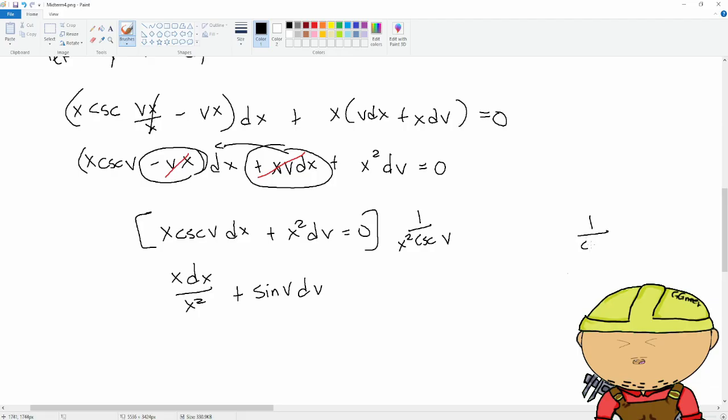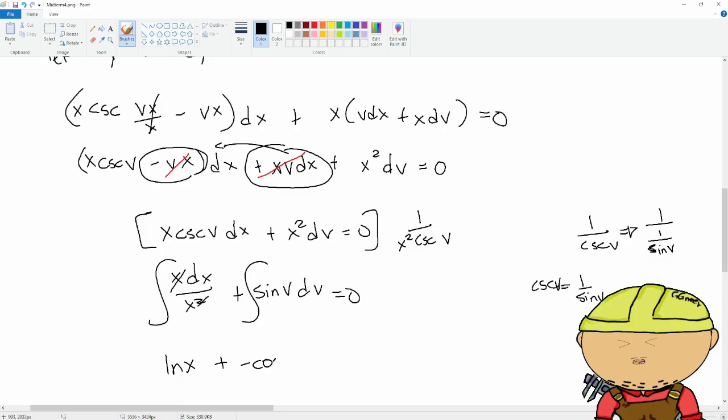Remember, 1 over cosecant v, right? And cosecant v is 1 over sine v. So 1 over cosecant v is the same as sine v. Okay? Equals 0. Integrating both sides, this will become ln x plus negative cosine v is equal to c.